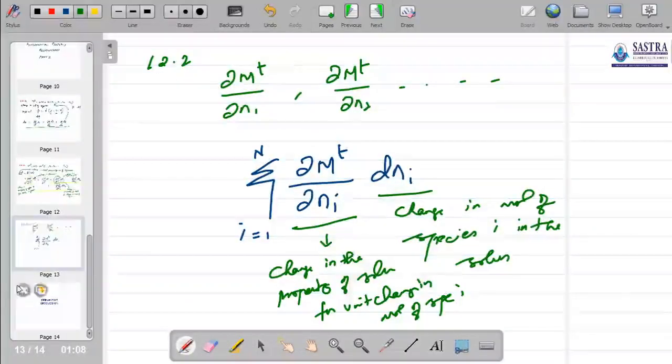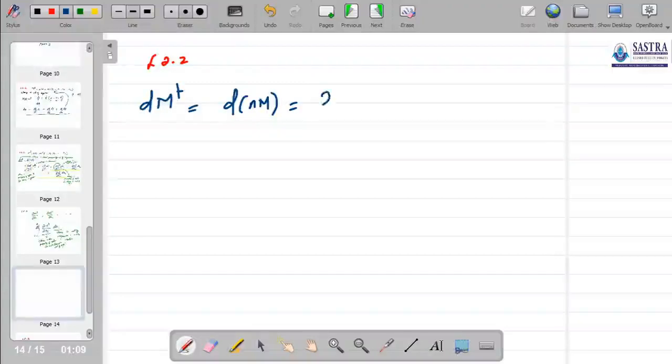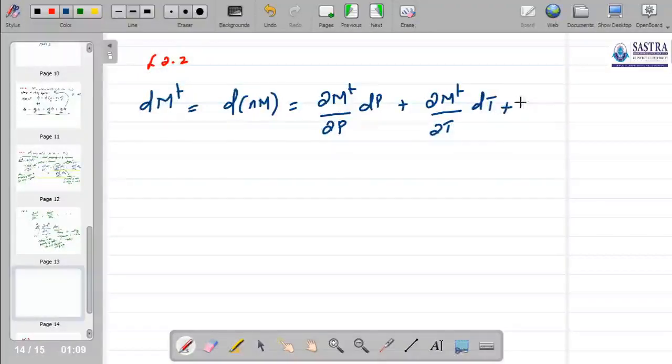So if you make use of this generic expression, we can rewrite the expression that we saw earlier as follows: dM_t, the total change that we expect here, as ∂M_t by ∂P into dP, plus ∂M_t by ∂T into dT, plus the summation of i equal to 1 to n of ∂M_t divided by ∂n_i times dn_i. So this is how we can simplify.